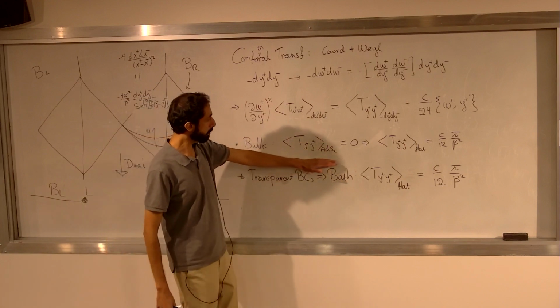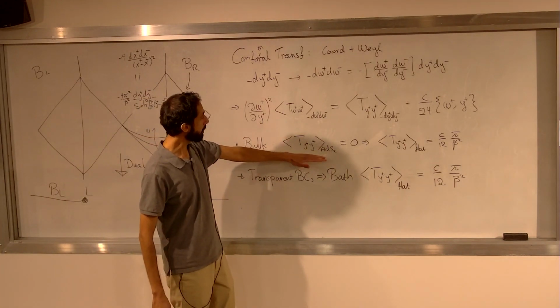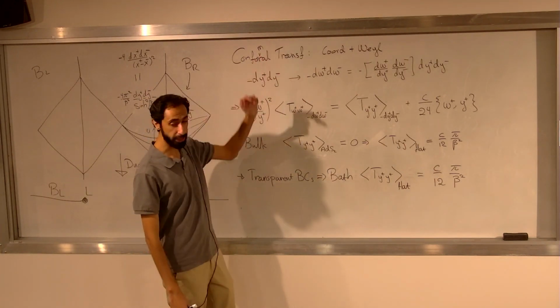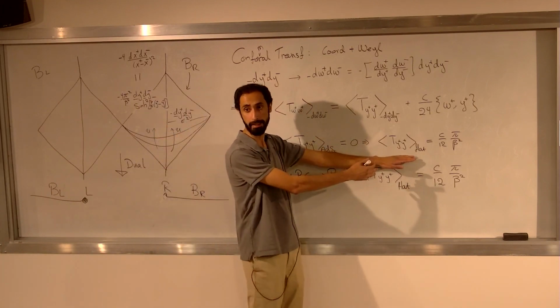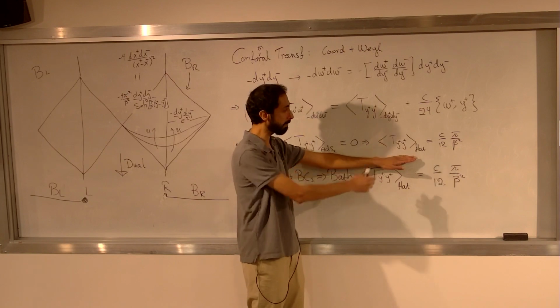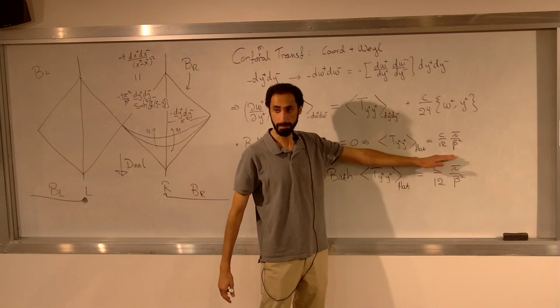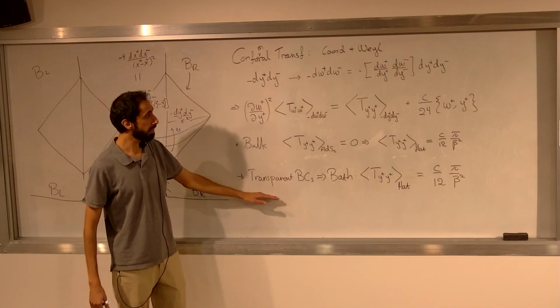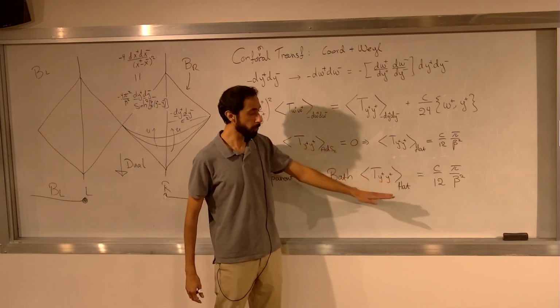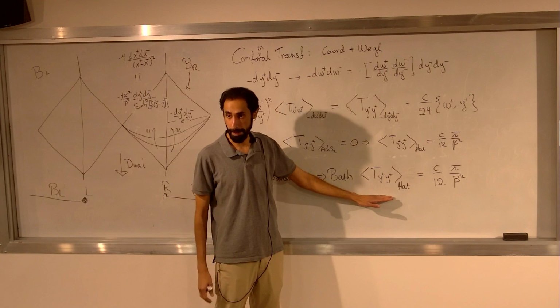You can do a Weyl transformation, and you can remove the AdS2 factor, and it would give you that the stress tensor on flat space is given by this. Okay? Now, what we mean by transparent boundary conditions is that this is also the value of the stress tensor in the bath. Okay?